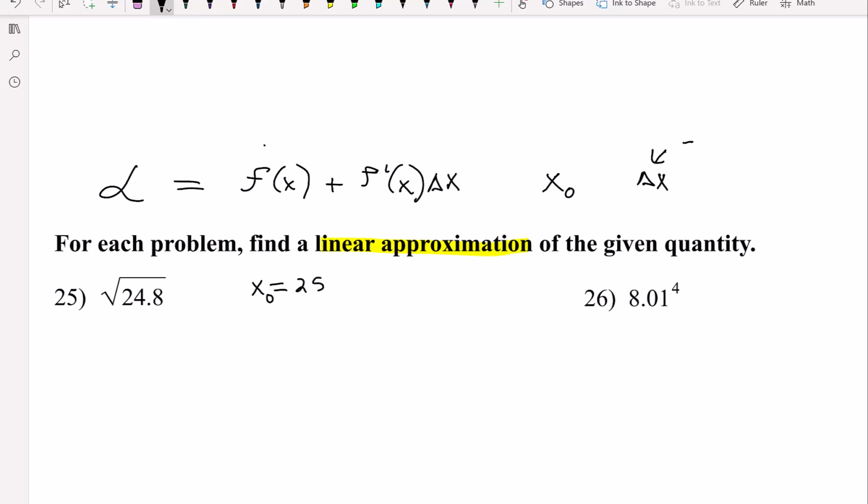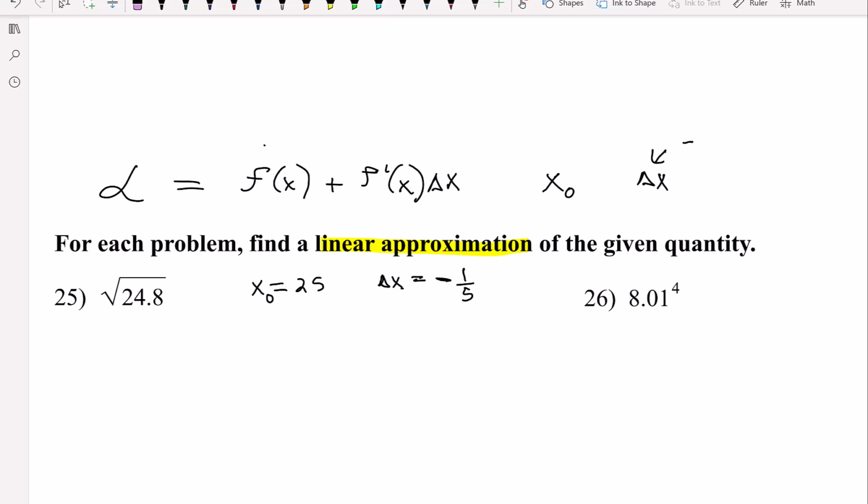So x naught is 25. So if this is the original, x naught, and 24.8 is here, then we have to subtract 2/10, which is the same thing as subtracting 1/5. All right, so we have that set up.